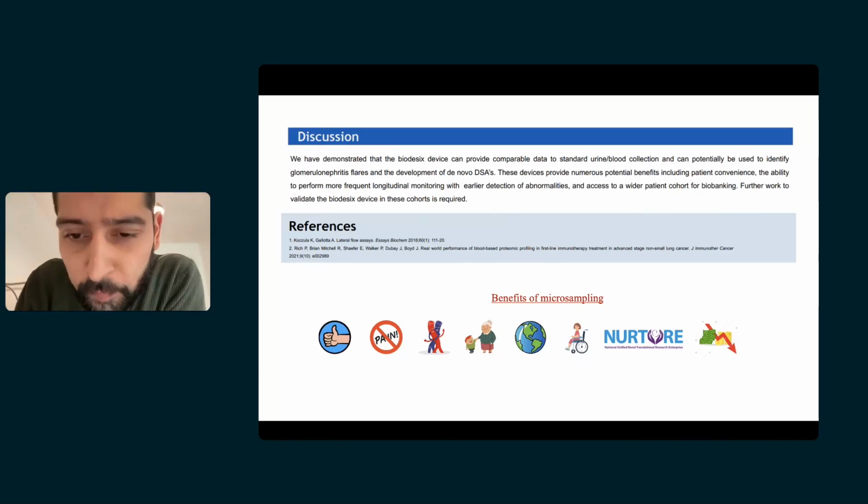We've performed a literature review, and we've even focused on patient groups, both adults and children, and identified that as a whole, patients find these microsampling devices much more acceptable, much less painful in comparison to traditional means.